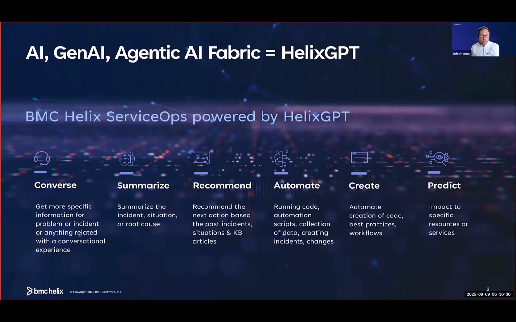Leveraging historical trends, HelixGPT can also predict future issues, such as recurring network failures impacting banking applications on the first Monday of the month. By integrating AI-driven automation and predictive intelligence, HelixGPT transforms service ops, reducing manual effort and enhancing operational efficiency.